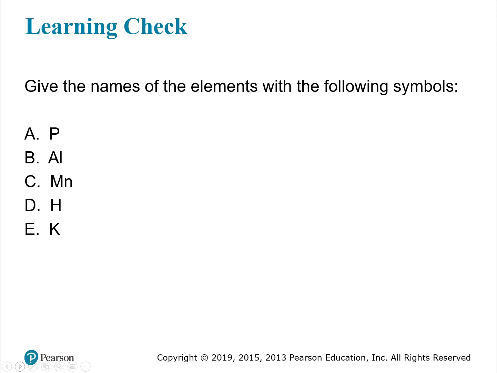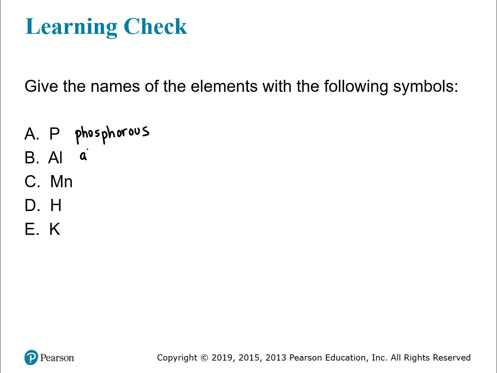You should also be able to do the opposite. If I give you the symbol, you should use the periodic table to look up the name. I'll write a couple of these out, but again, this is just making sure that you're familiar with the periodic table and how to read it. If you find the P, you'll see that that's for phosphorus.